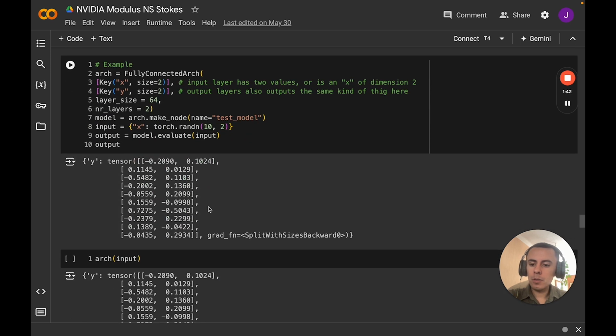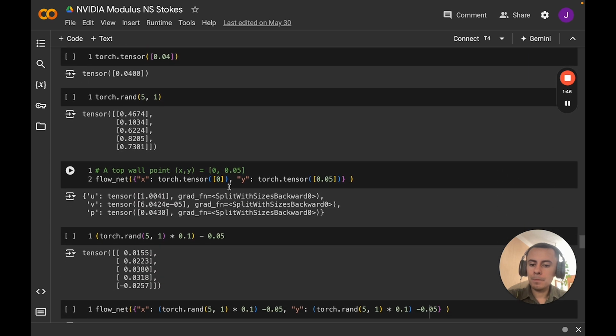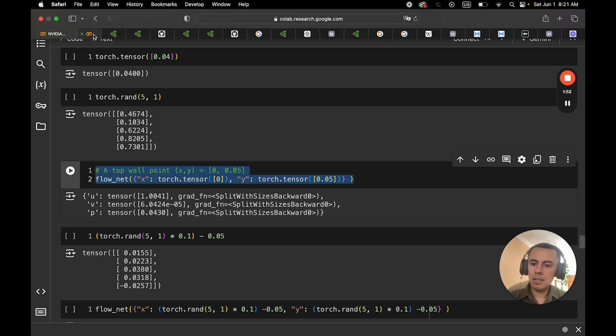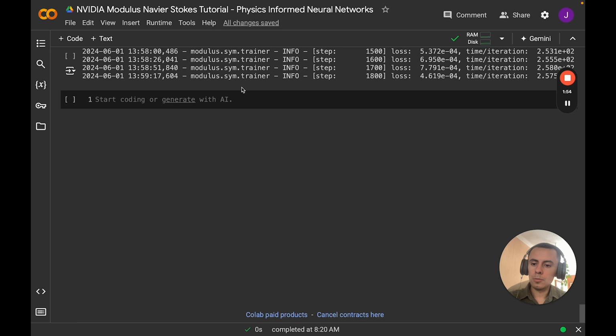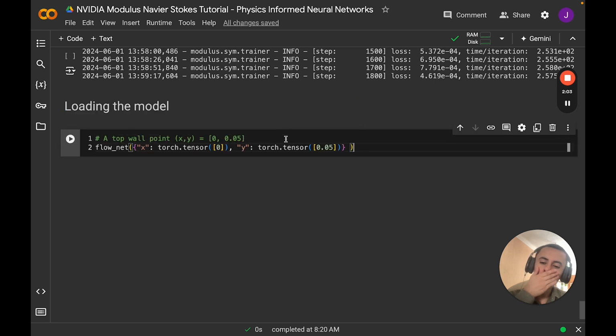Before we load them, though, I want to show you something. So we're going to take this. Okay, so loading the model or whatever. Before we load the model, though, I want to show you this.